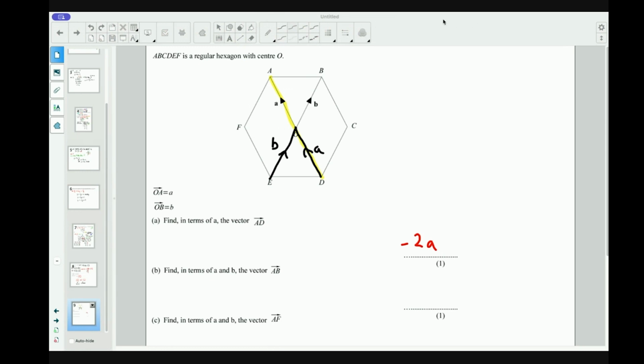Okay, so we got negative a plus b for that second problem. That's absolutely correct. So negative a plus b. And let's find out how we got that one.